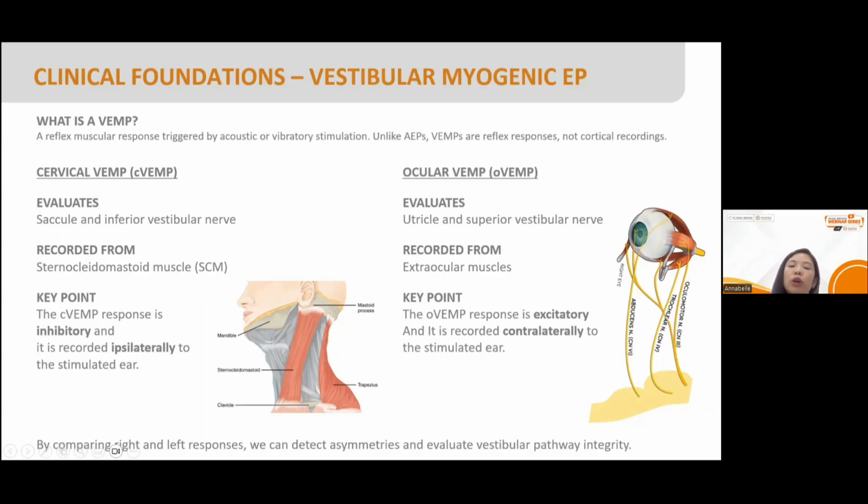So if you want to check the oVEMP on the left side, you have to put the stimulus on the right. So this is called contralaterally. By comparing the right and left responses, we can detect asymmetries and then evaluate the integrity, how the vestibular pathway goes well or not, which part fails. We check all these with the cVEMP and the oVEMP working together. We check as a battery of tests, okay?